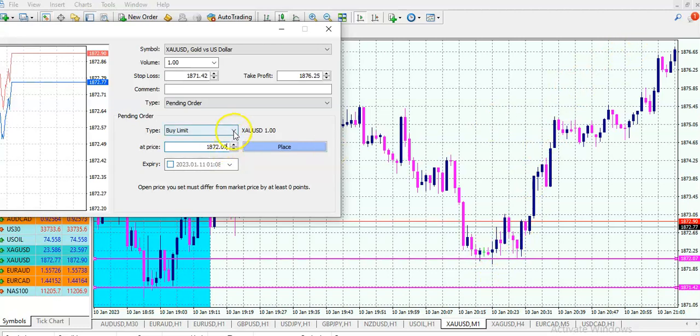In a sell limit, you are expecting price to pull up into a particular place before it begins to go down again.